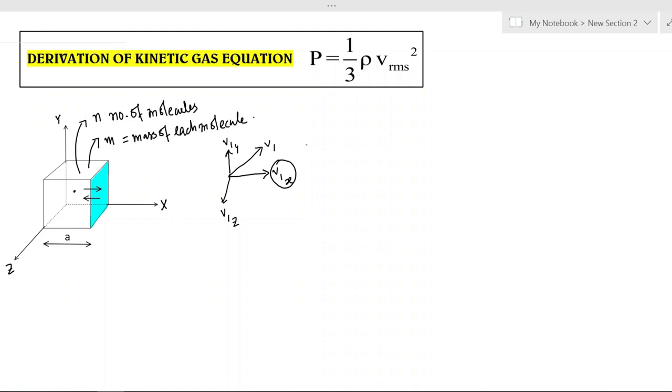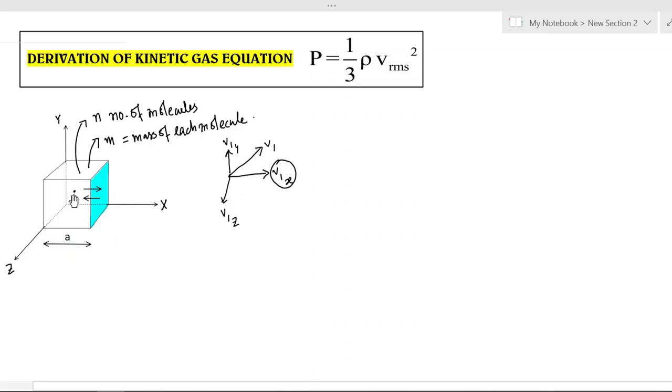Alright, so v1x is the component of the velocity that we are taking into account right now, that is the x component of the velocity. And the surface, the wall of this container we are considering, is this one, the shaded one. The shaded wall of the cubical container is the one we are considering for the collision, because I'm taking the x component of velocity, so the wall in the direction of the x-axis is this one.